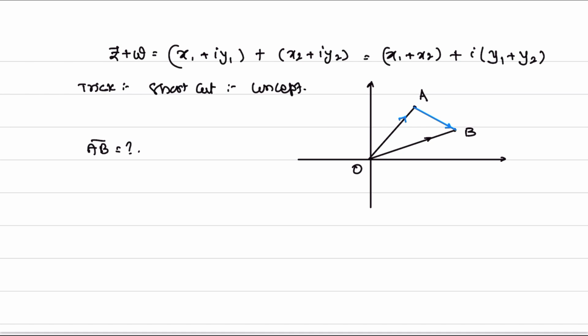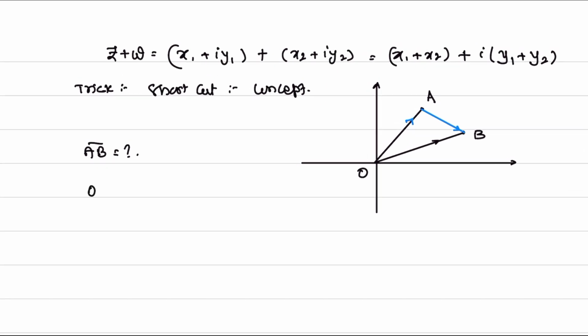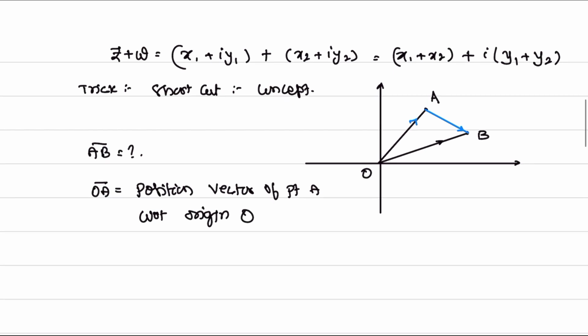A is a point, that means the position of the point A with respect to some reference. That reference we are taking as origin here. OA is the position vector of point A with reference to origin O. The position of the point A with respect to origin O is OA.